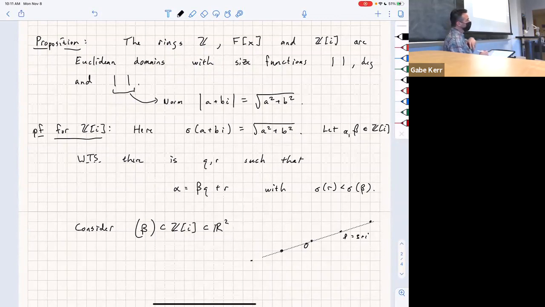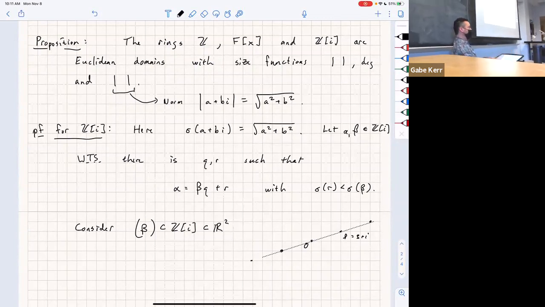I can also multiply it by i. What does multiplying by i do in the complex plane? It rotates by 90 degrees counterclockwise.